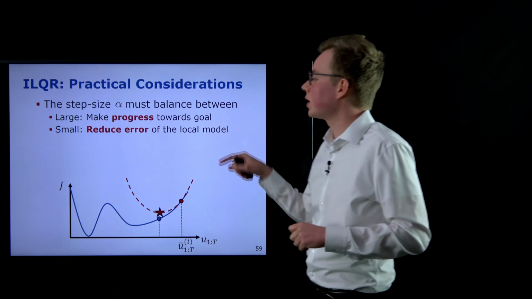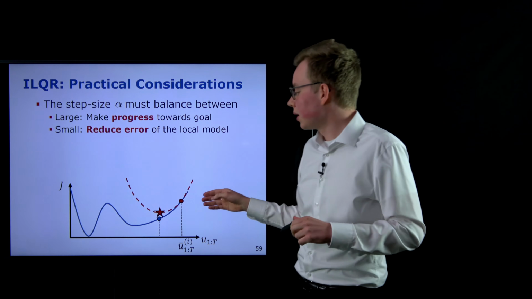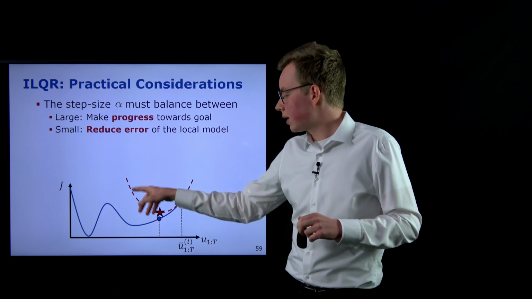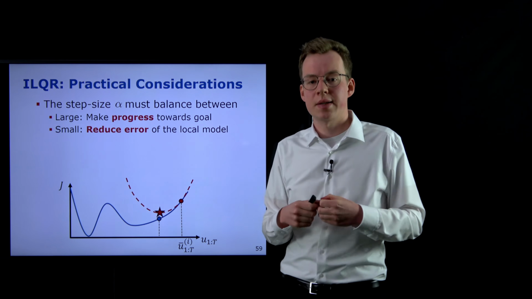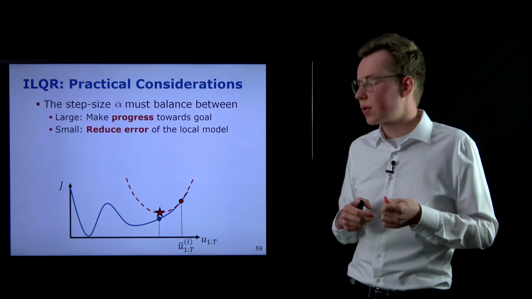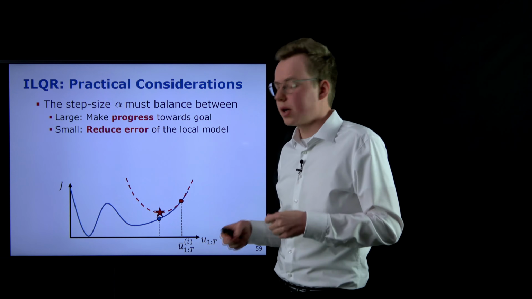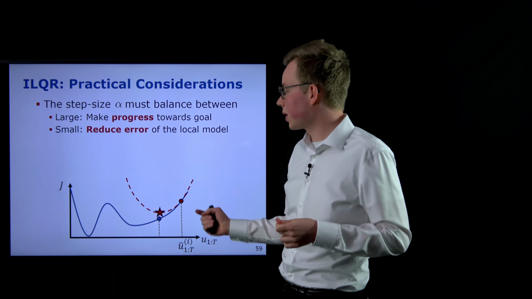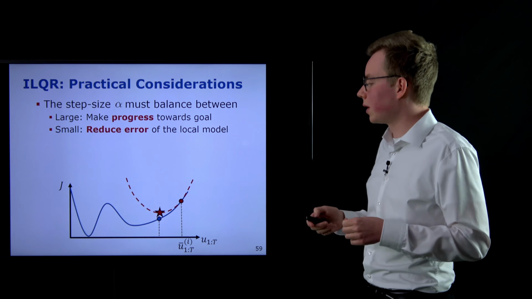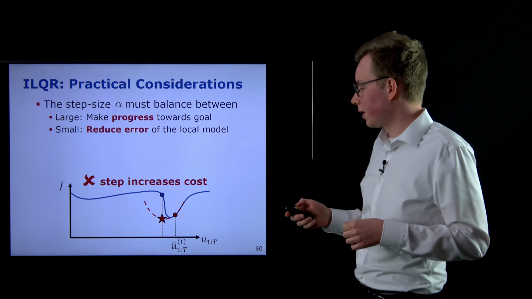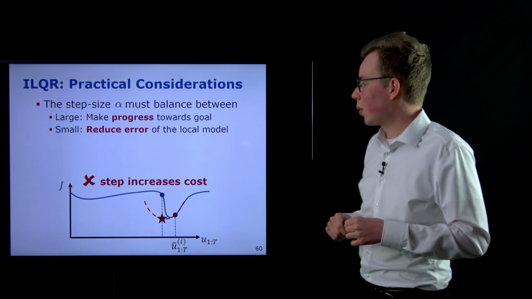But on the other hand, we also have to make sure that we computed this local approximation with a Taylor series expansion. This expansion is only valid for a local neighborhood of our operating point. So we have to make sure that we don't move too far because the local model is not very accurate. Here's an example of when that can happen.